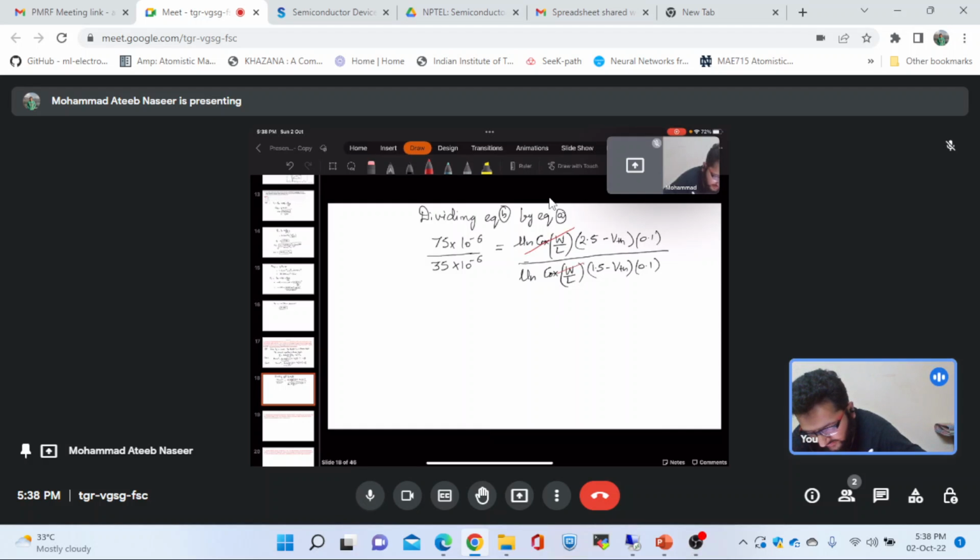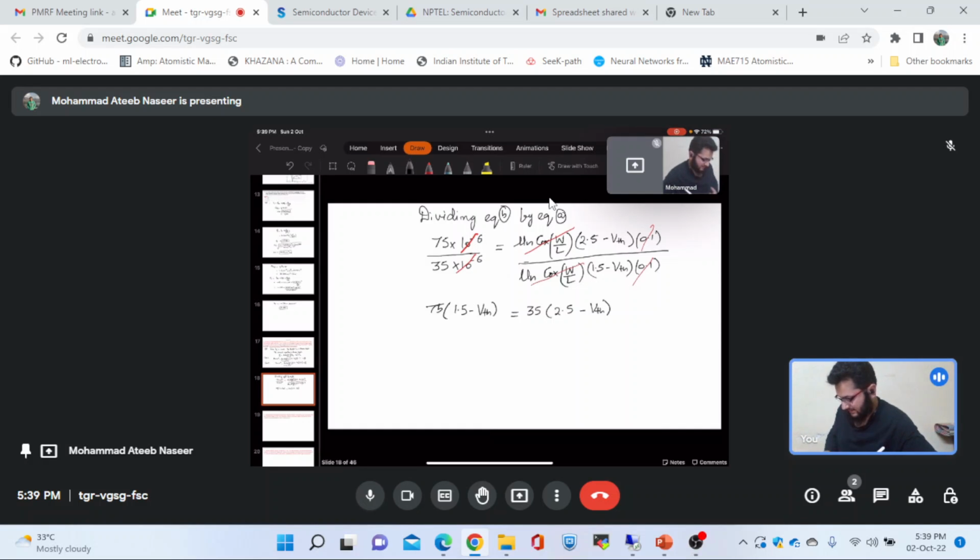The common terms will cancel, and we will have 75 times 1.5 minus VTH is equal to 35 into 2.5 minus VTH.